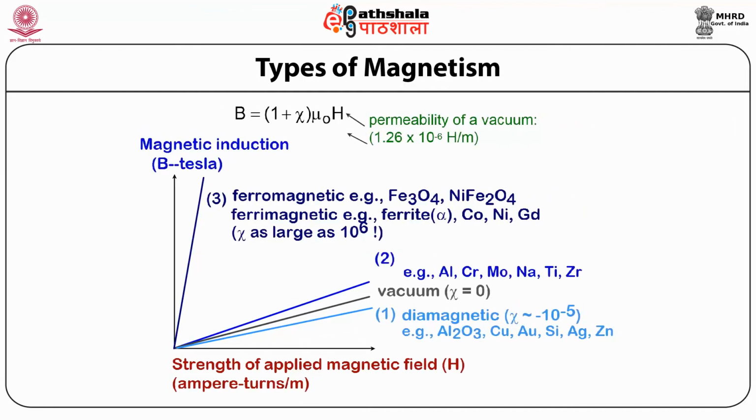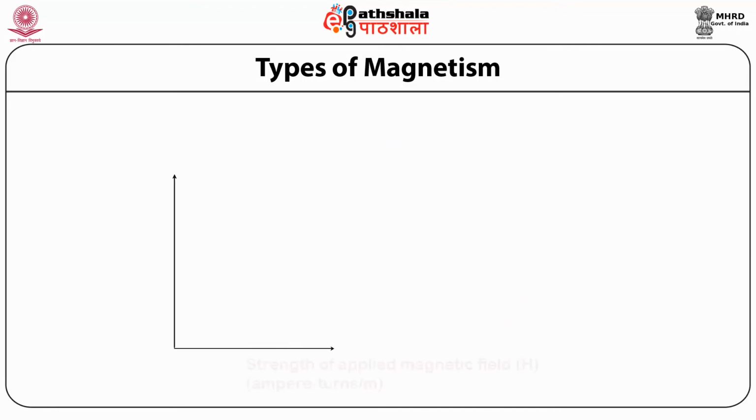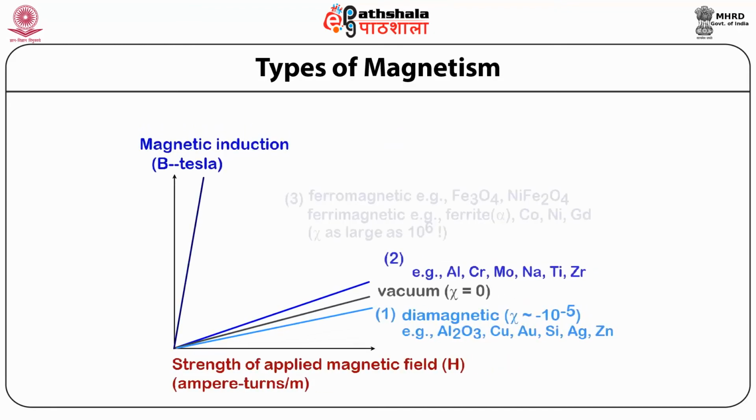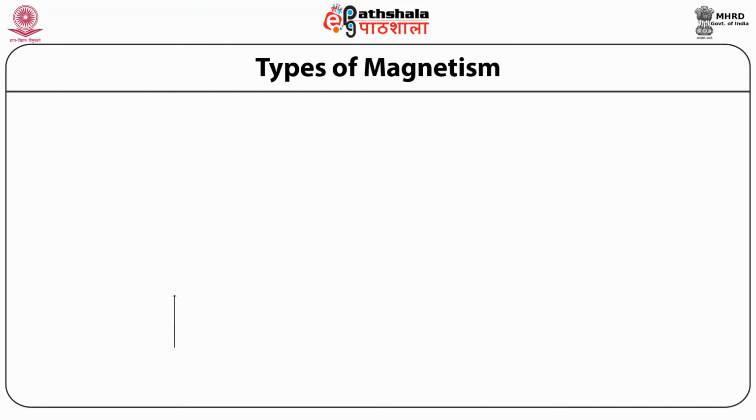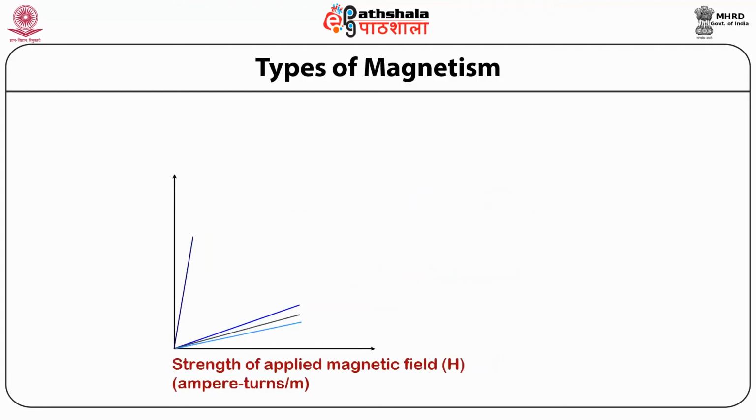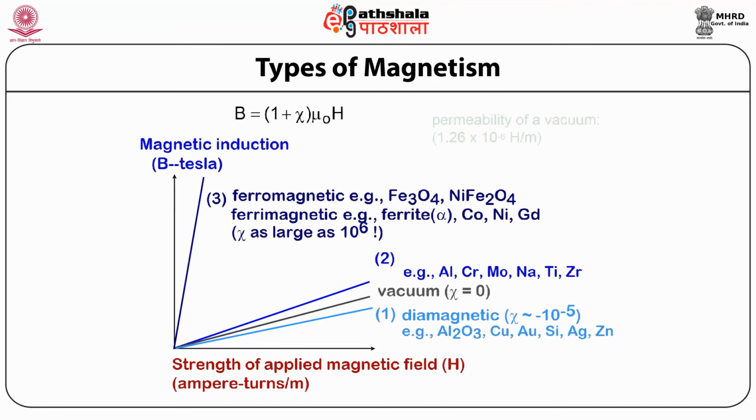The second case which we have discussed, where eta is small and positive, the examples are paramagnetic materials, such as aluminium, chromium, sodium, and so on. Now the next is where susceptibility is 0, that is vacuum.